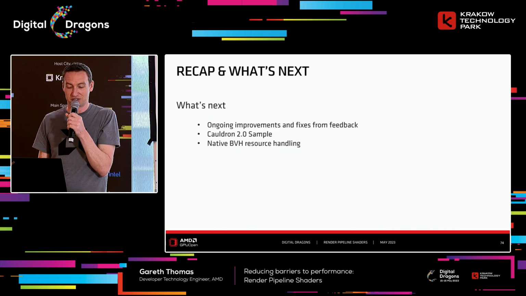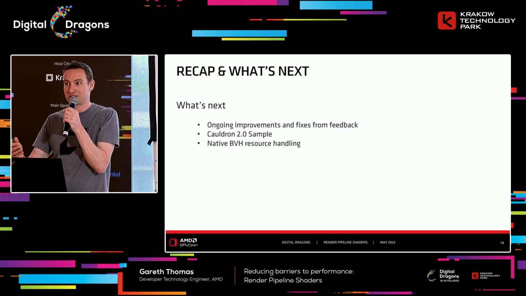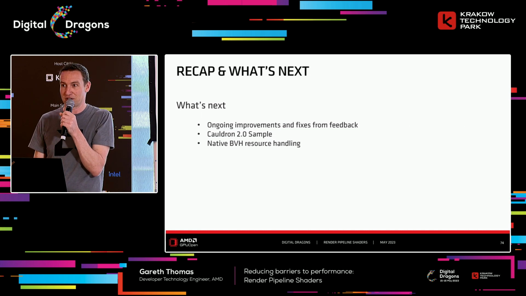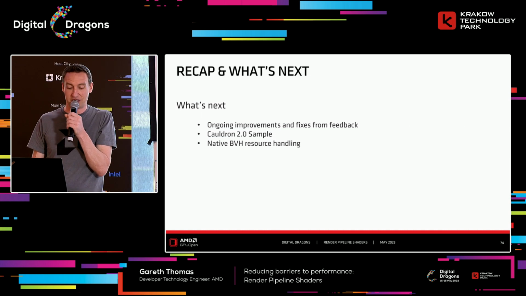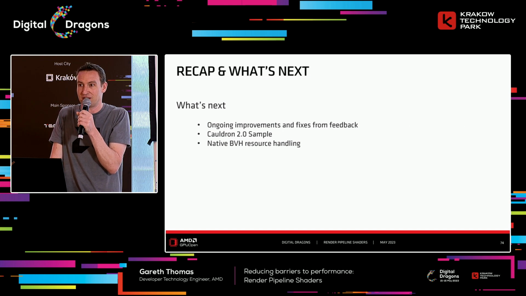So Cauldron 2 is going to be coming out, and we'll be looking at doing an RPS version of that. That'll be a certainly more non-trivial example of RPS, so it's probably worth a browse through when it comes out. And then also perhaps more fully featured things like the BVH building. We'll probably add native support in RPS as well.